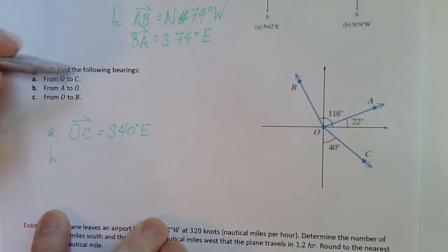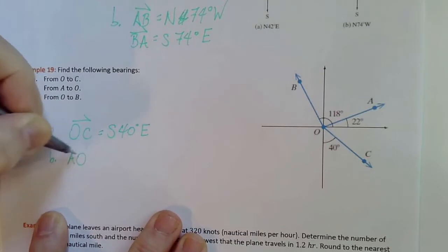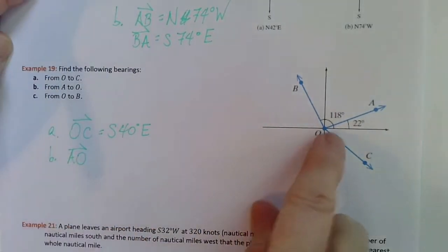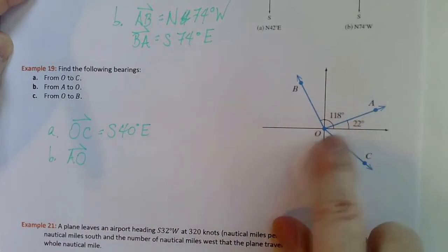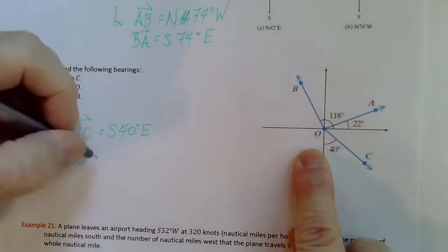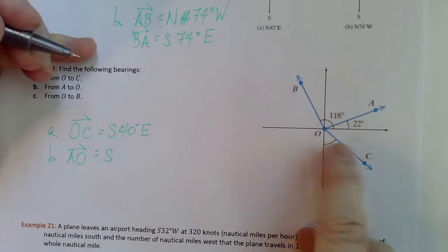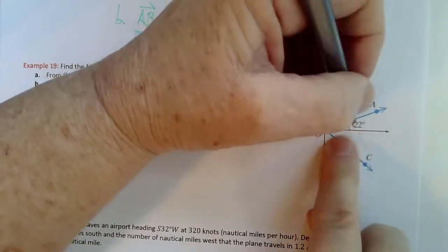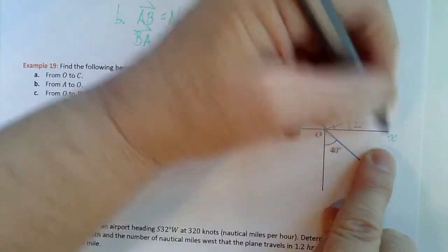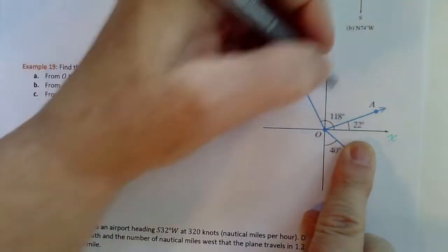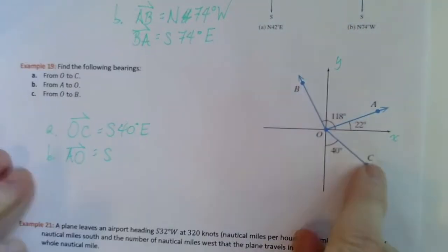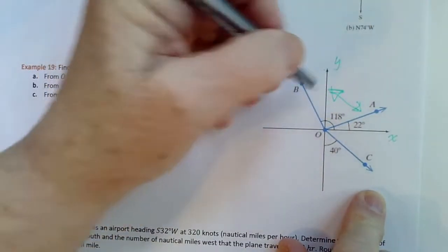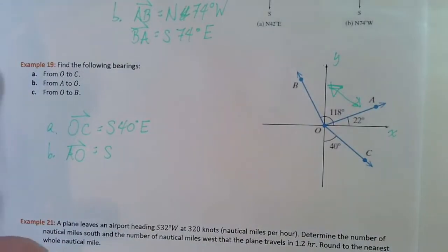B is AO. So I'm going from A to O. From A to O, I'm going down, so south. Now they give us the angle with respect to the positive x-axis, but I need the angle with respect to the positive y-axis.